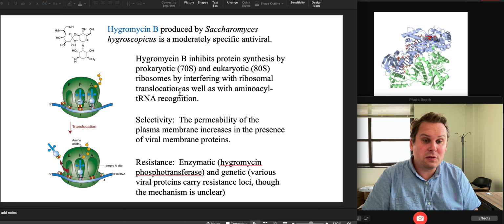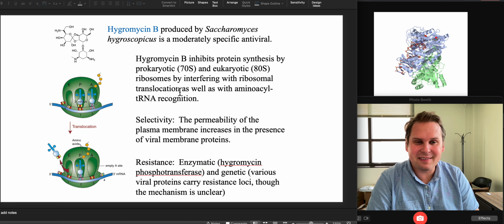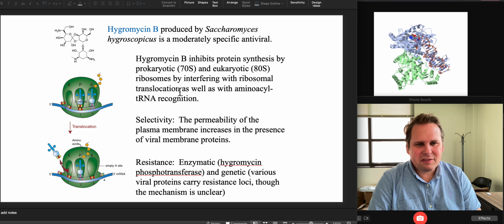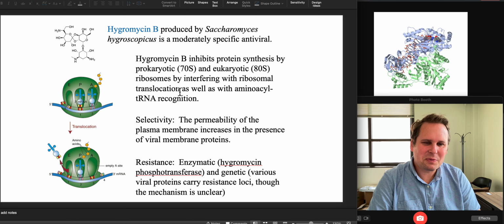But what you have to remember here is that there are different membrane permeabilities. Some cells make their living by sending things out and bringing things in all the time. Other cells just more or less sit there. They'll take in a little bit of food, but that's not really their main line of work. And so you want to make sure you're looking at whatever the most sensitive cells would be, and that's where you're going to see your effect.